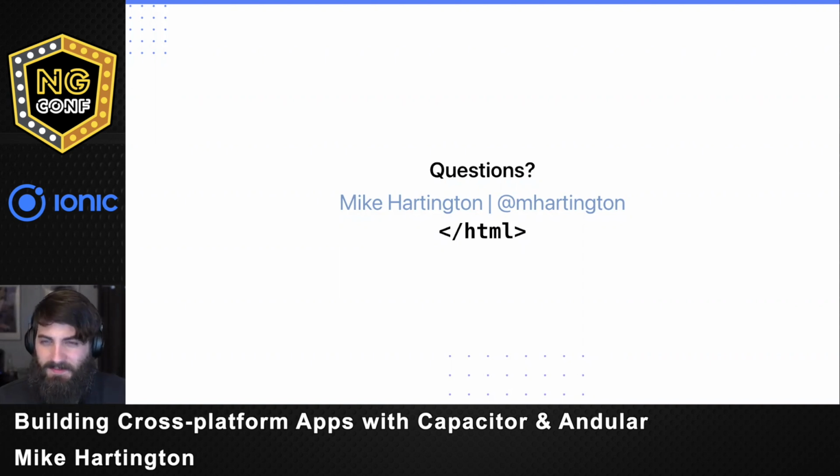And then anonymous attendee, does Capacitor have plugins to convert the web local storage? I'm assuming you mean if you have a web app and you want to access those features from the native app.